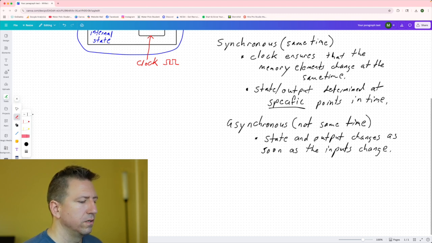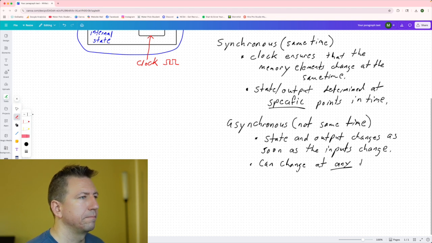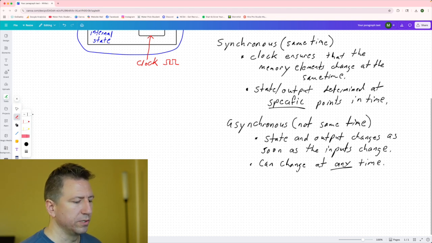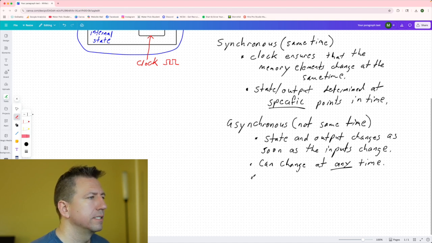Okay, so they can change at any time, as opposed to a specific time. This makes them more difficult to design.